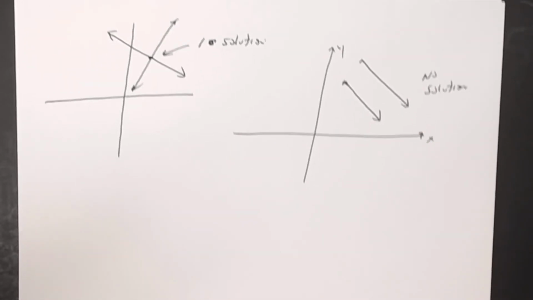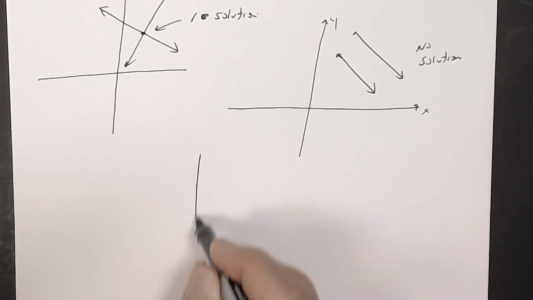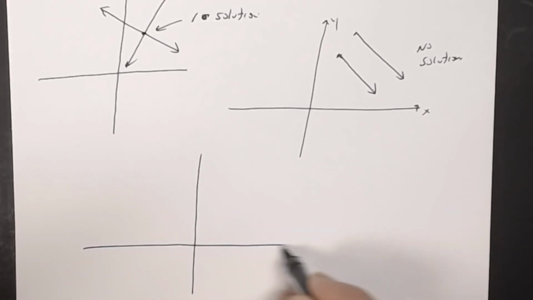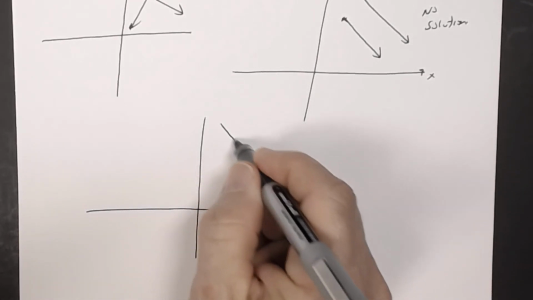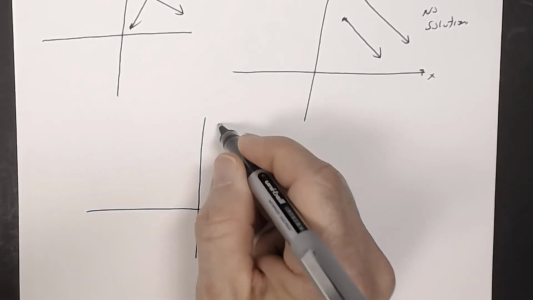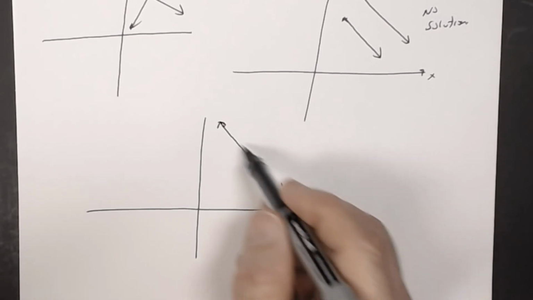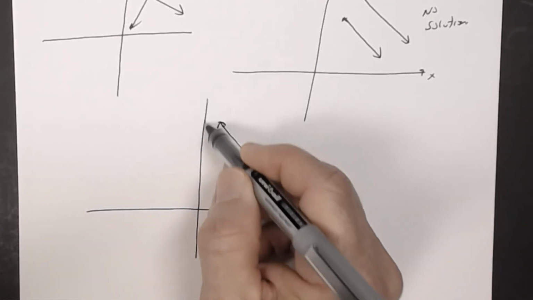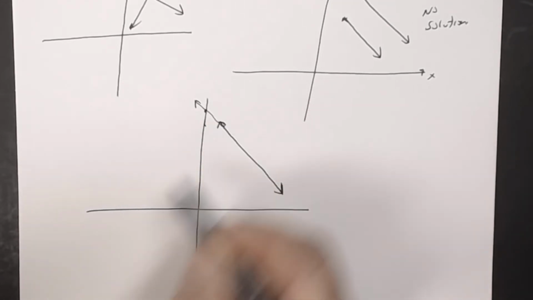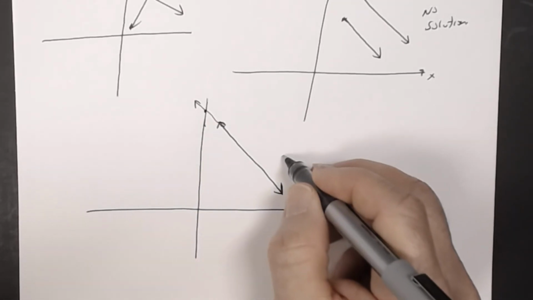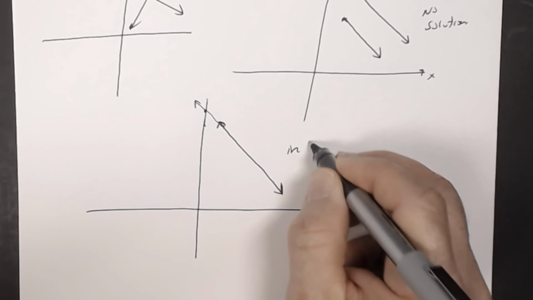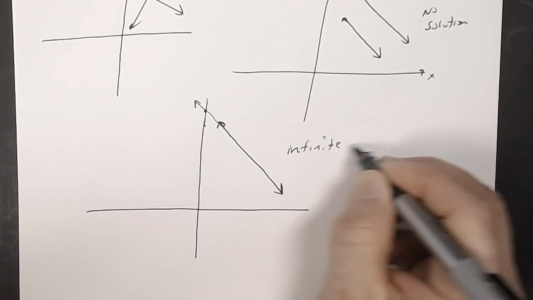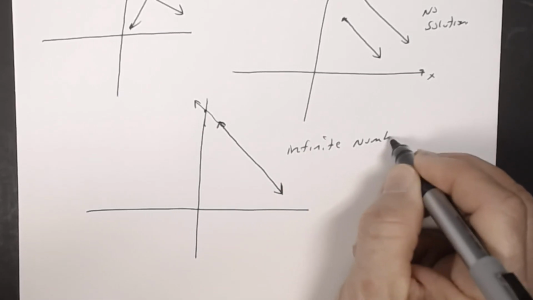Then the other thing we saw is that your lines could overlap. So they have the same slope and the same y-intercept. So if they overlap, you have an infinite number of solutions.